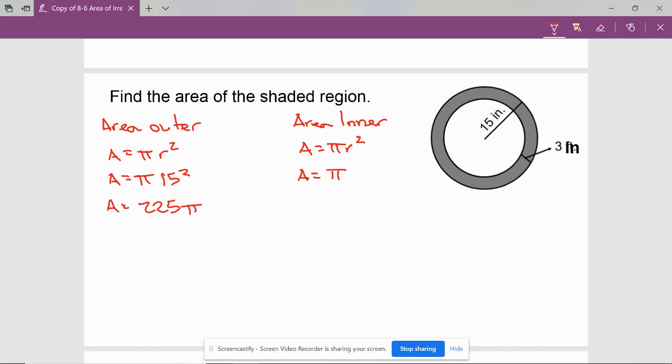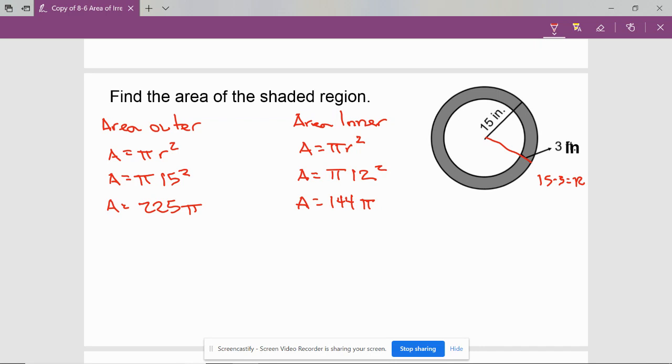Our radius would be 15 minus 3 for our inner circle. If this was 15 and we minus the 3, we get 12, which is going to be 12 squared. You have to use your brain a little bit here. 12 times 12 is 144, so our area is going to be 144 pi.